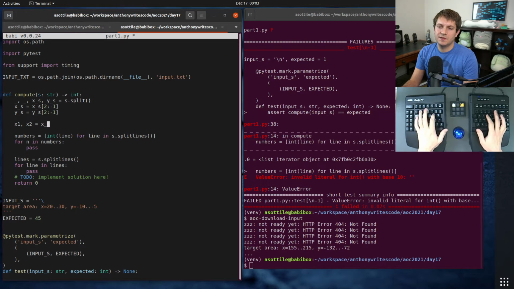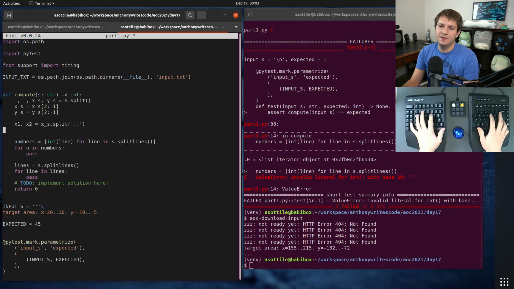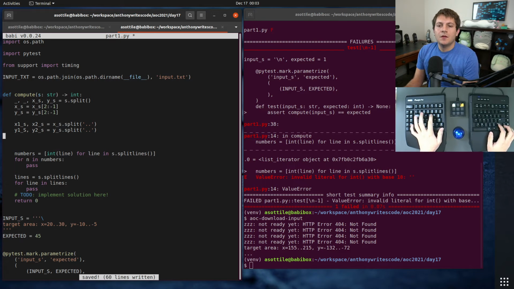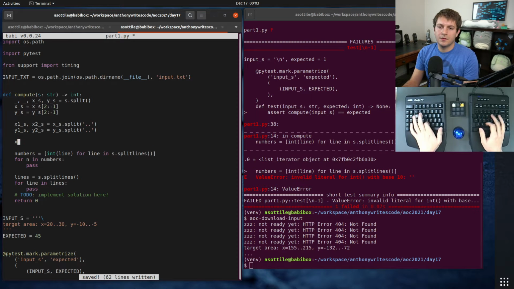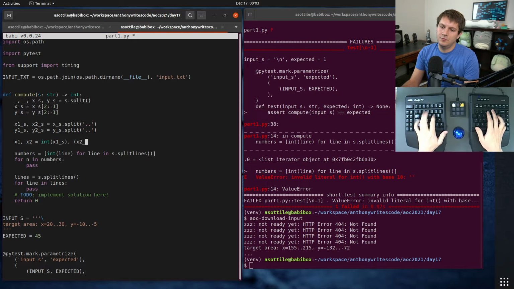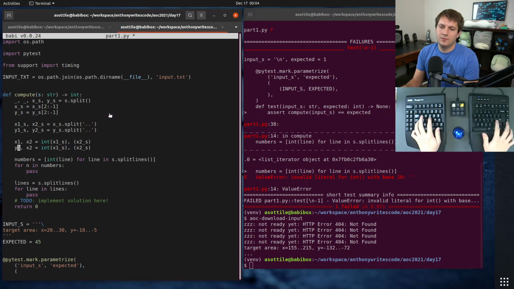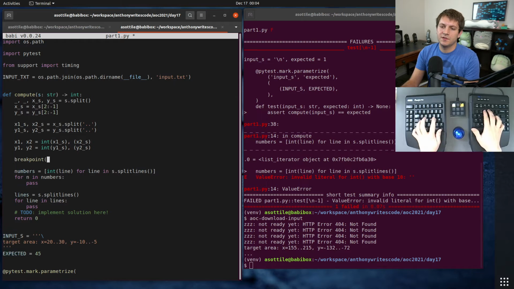x1, x2 equals xs dot split on dot dot. y1, y2, these are s's. Oh god, what have I done? No. Yeah, let's make sure we're parsing these properly.